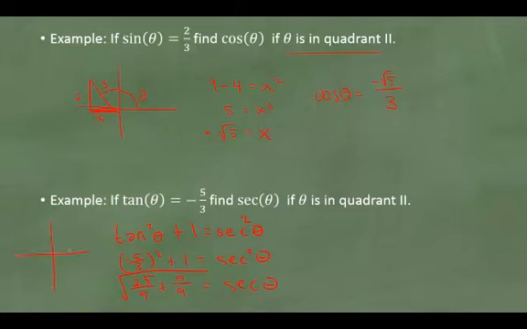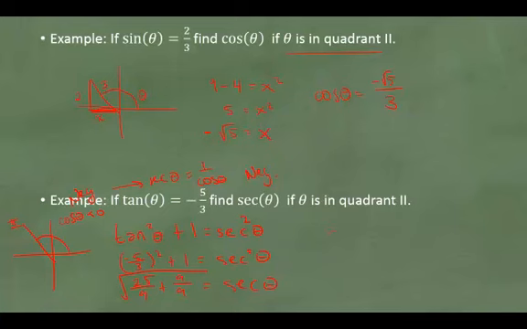We're in quadrant 2, so what do we know about secant there? Well, we know that cosine is less than 0, or negative. And because secant is just 1 over cosine, we also know that secant is negative also. They're the same sign, just reciprocals.